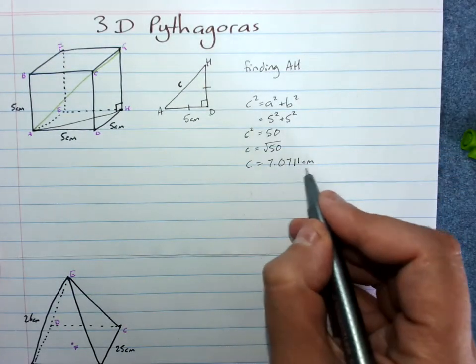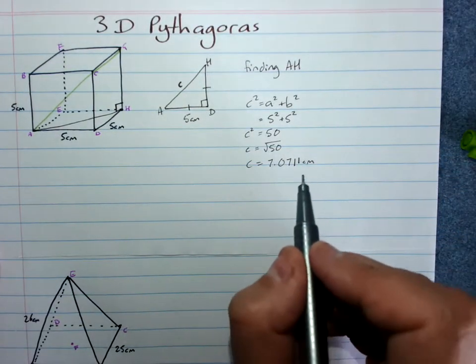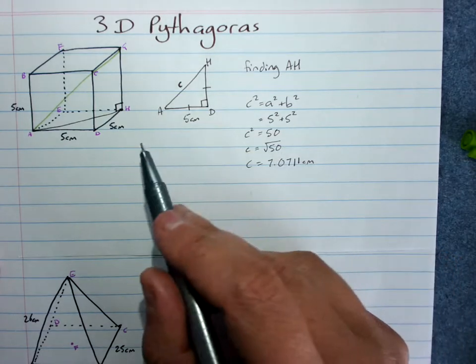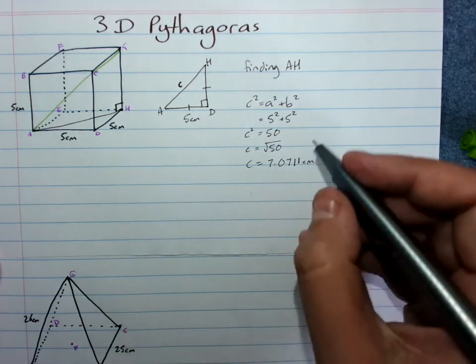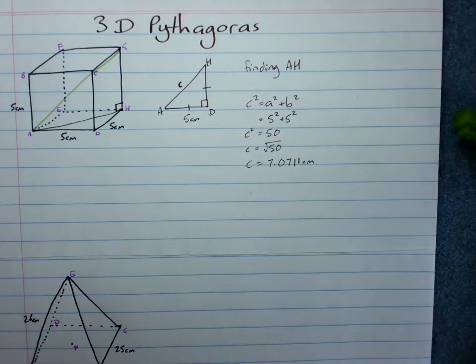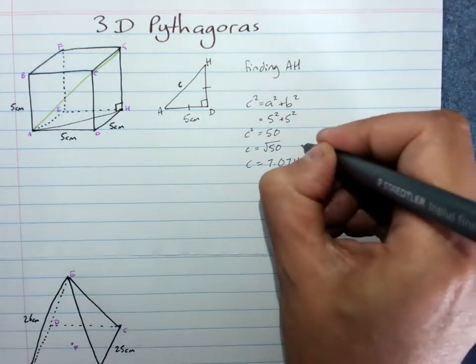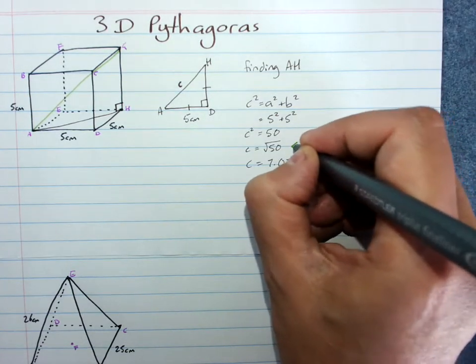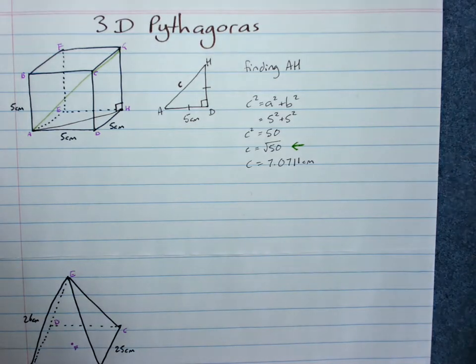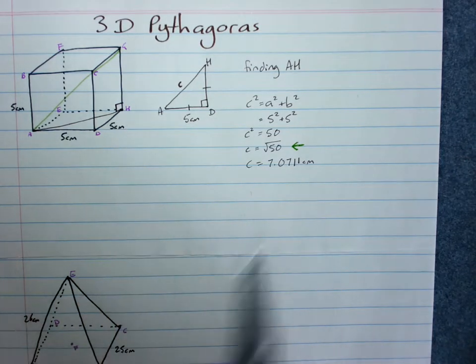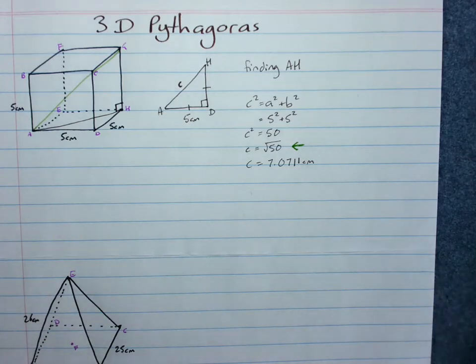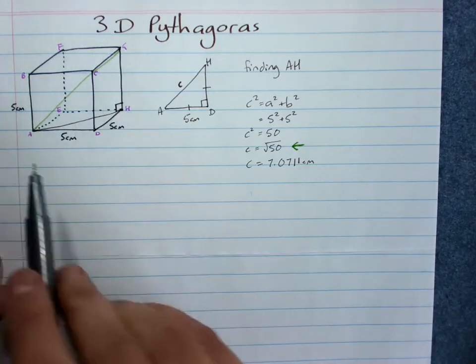The reason I'm keeping more decimal places is because I'm going to have to use that in my next calculation. But you are absolutely welcome to leave C equals the square root of 50 as your answer for this first step, because that's quite useful when you come to finding the actual thing that you want.